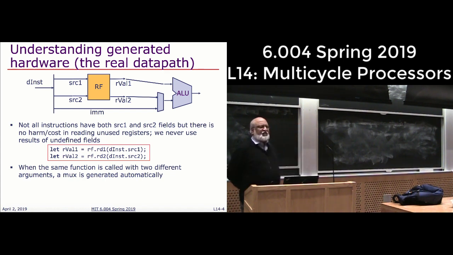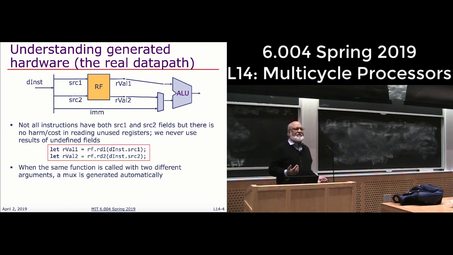Now there is one more thing to be noticed about this register file: what happens if I read it and the register field itself was invalid? I mean, an instruction had no source 2, for example. What will happen?